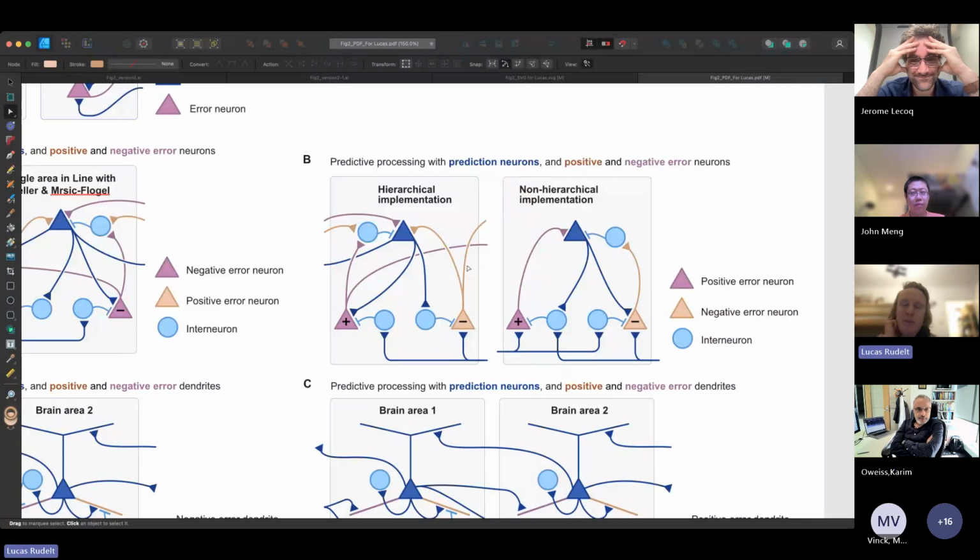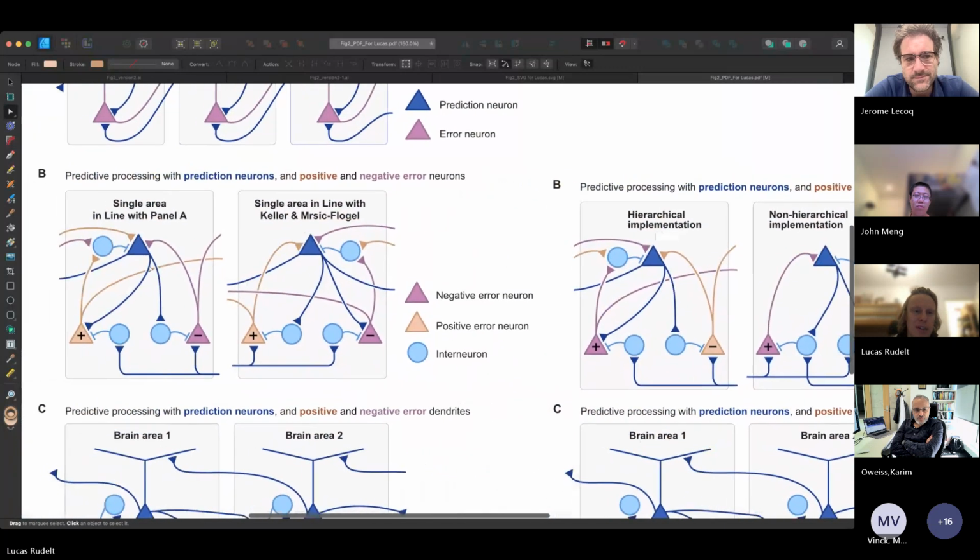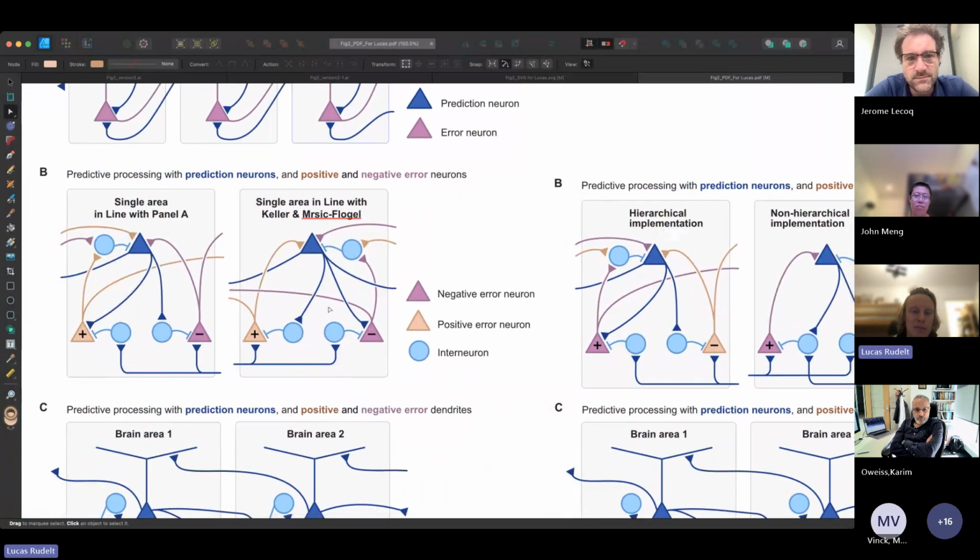That's a very good question, and we had a long discussion because it's never specified in the original papers proposing this. They really just focus on how this error circuit is wired up, but it's exactly an open question, and that's what we try to put in here, kind of how this would then be embedded.